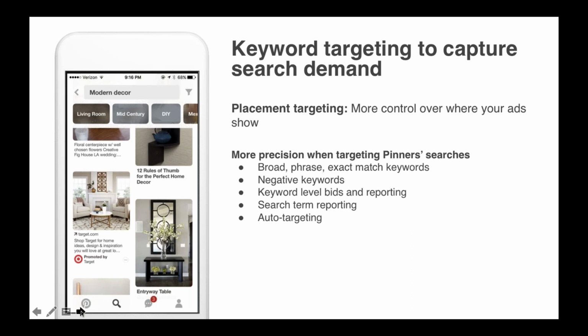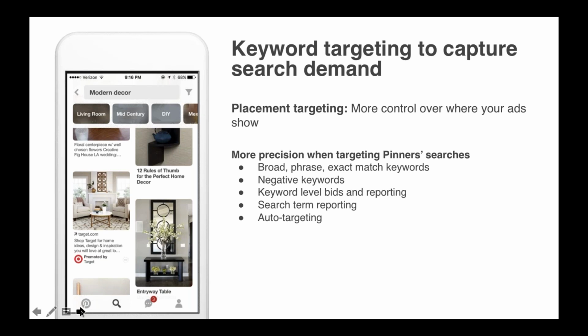For slightly more sophisticated advertisers who want to focus on search specifically, we have that option of allowing you to break out your browse mode for maybe a more social team and breaking out that search mode for a more search team. This placement targeting gives you more control over where your ad's going to show and allows you to capture intent from the search page.